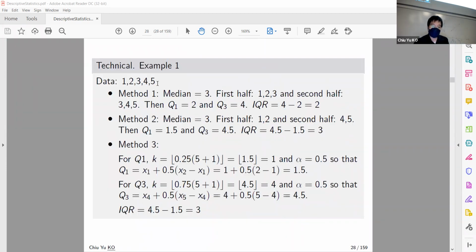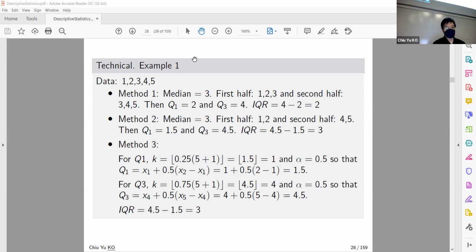Okay, let me repeat the example again. We have 1, 2, 3, 4, 5. Method 1 says first find the median. In that case, it is 3. Why 3? Because we have 5 data points, n is 5, n plus 1 is 6, 6 divided by 2 is 3. So the third data point is the median. Method 1 says you should include the median in your cutting.